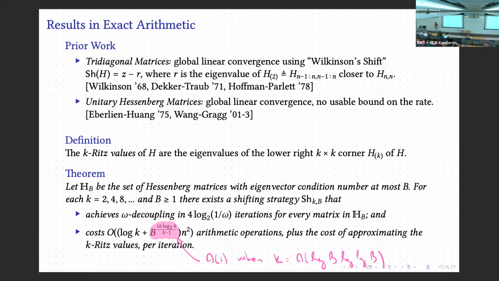You can set it up in different ways. This cost is like the cost of computing the shifting polynomial and applying the iteration. So I'll tell you a little bit about how the shifting strategy works.